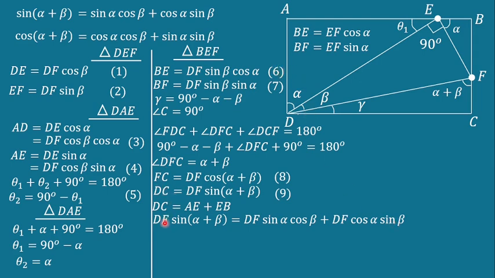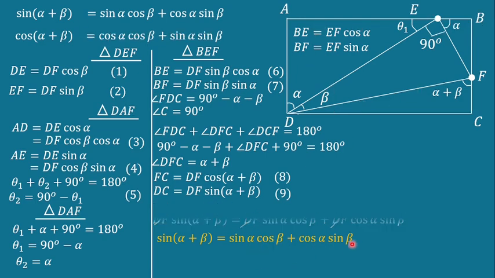Now since each term carries DF, I can cancel DF from every term, and that leaves me with sine of alpha plus beta equals sine alpha cos beta plus cos alpha sine beta. And this is exactly this first equation. So we have proven the double angle formula for the sine function from this geometry.